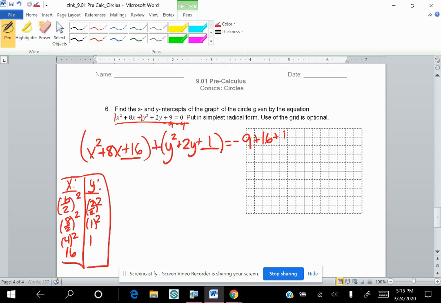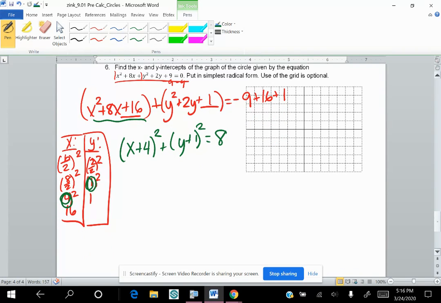Add 1. Add 1. Rewrite the x's as a perfect square binomial. So whatever it was before you squared it, positive 4. Then do the same for the y's, whatever it was before you squared it. So plus 1, or think what times itself gives you 1 and adds to 2. 16 minus 9 plus 1 gives us 8.